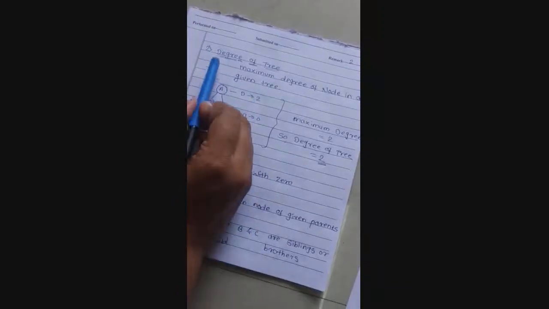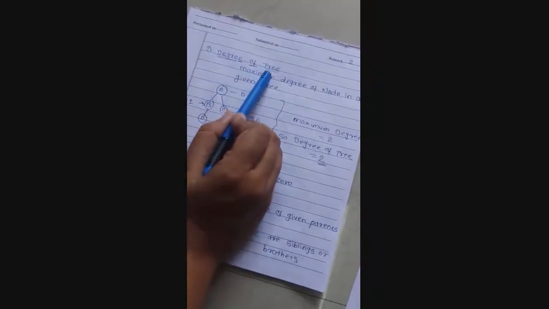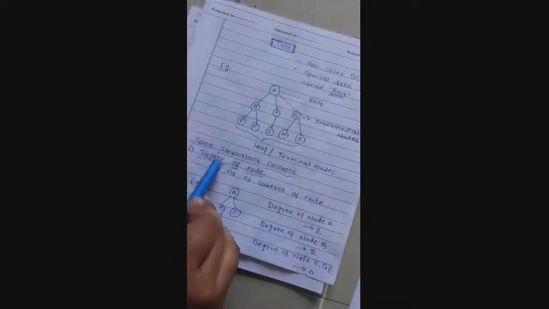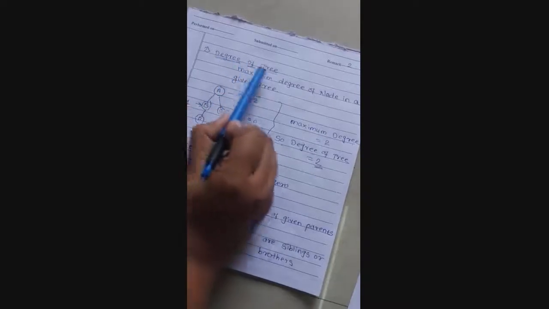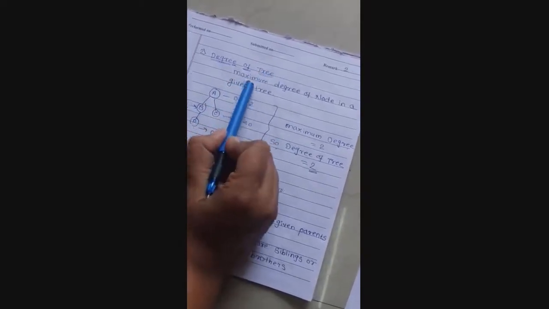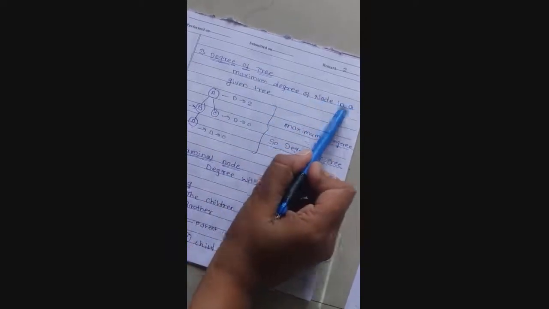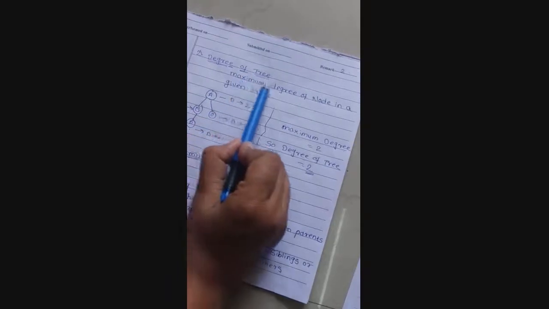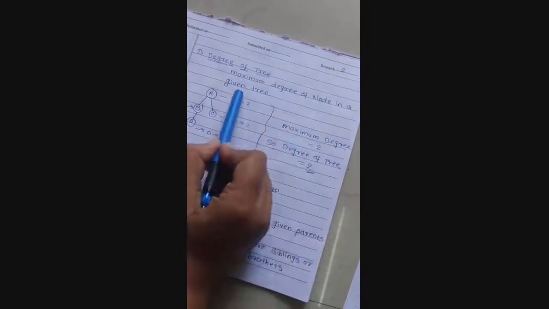Now we will see another concept, that is the degree of a tree. In the previous concept we saw the degree of a node. Now we are going to see the degree of a tree. The degree of a tree is the maximum degree of a node in a given tree.